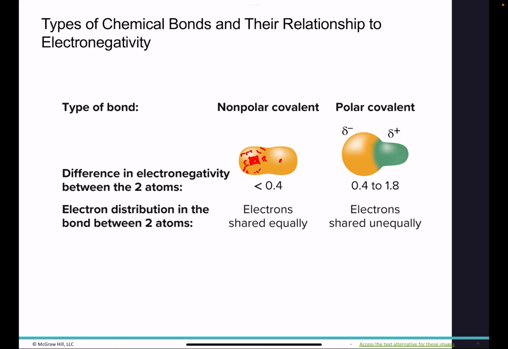However, in a polar covalent molecule, you're going to have those electrons being pulled more strongly towards that electronegative atom. And what that does is create a region of charge. And we draw this on our diagram by this little symbol here. And what that really just shows is that we have a partial negative charge and a partial positive charge. So we haven't lost or gained any electrons totally from this molecule, but they have moved around and sort of redistributed the charge.